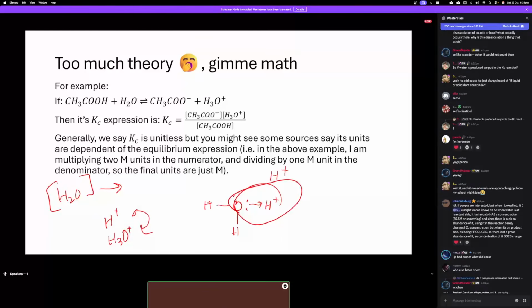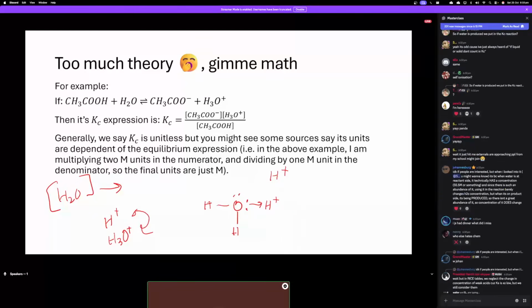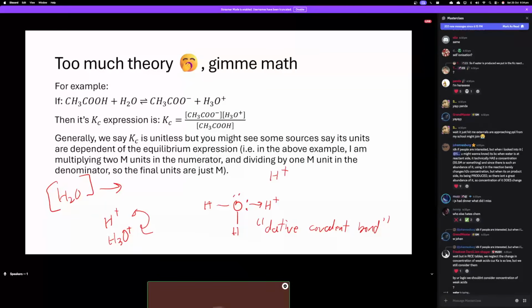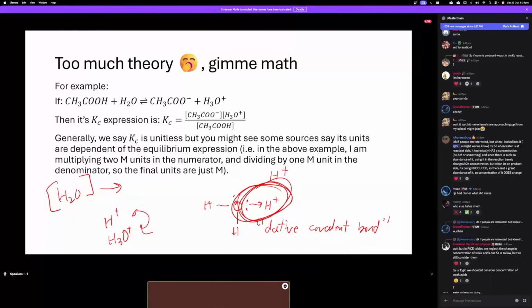It's not even a new molecule in itself. I think the name is, don't quote me on it, a dative covalent bond, but someone can double check me on that. I'm not 100% sure myself. That's not syllabus. You don't need to know this, but just to answer that question, it doesn't react. It just sits there and looks pretty. But then the H plus comes along and is like, "Oh, I'm gonna stay attracted to you right there," and that's all it does.